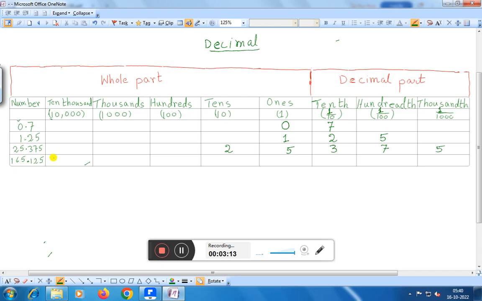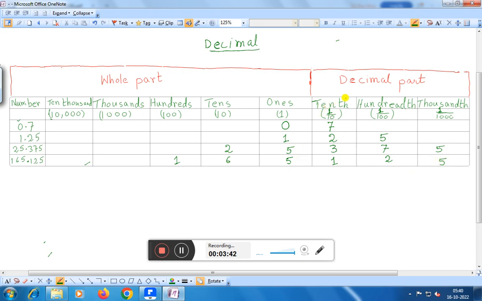Here you see the place value of 5 is ones, the place value of 6 is tens, the place value of 1 is hundreds, and after the point, 1 is the place value of tenth, 2 is the place value of hundredth, and 5 is the place value of thousandth.